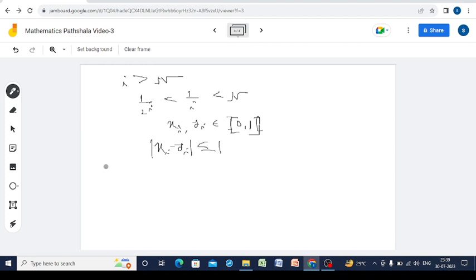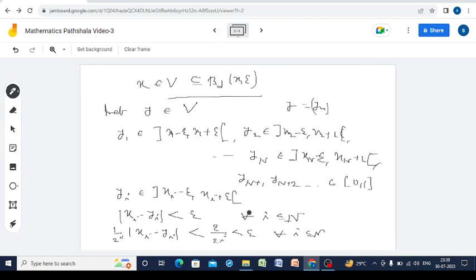So for all i greater than n, 1 by 2 to the power i times mod xi minus yi will be less than or equal to 1 by 2 to the power i, which is less than 1 by n.